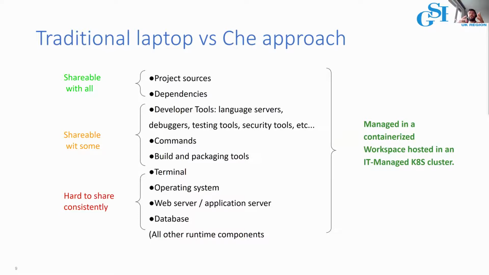While in the traditional approach it's hard to share the runtimes or operating system, in Eclipse Che everything is hosted in the Kubernetes cluster, so it's really not a big deal to share the runtime also with your colleagues or with different teams.